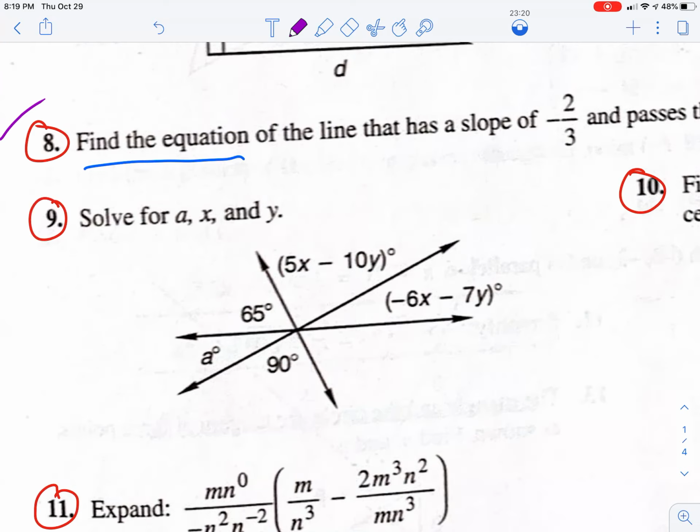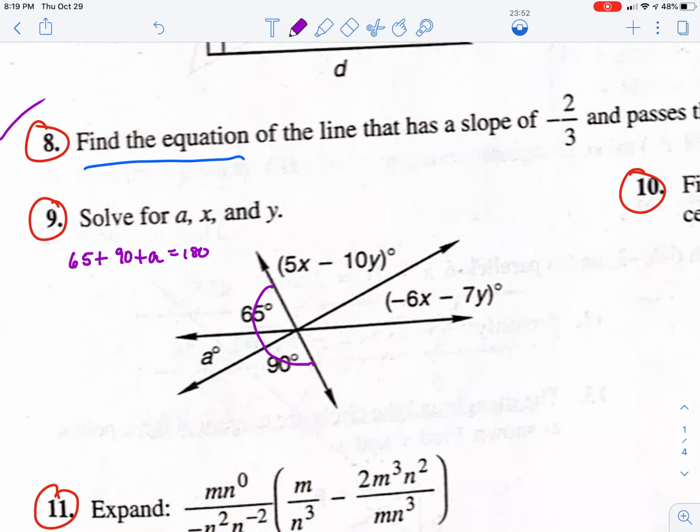Well, first of all, I see a line here with 3 angles making a total amount of 180. So to find a, could I just add 65 and 90 and then find a that way by subtracting those from 180? In other words, we would go 65 plus 90 plus a equals 180.